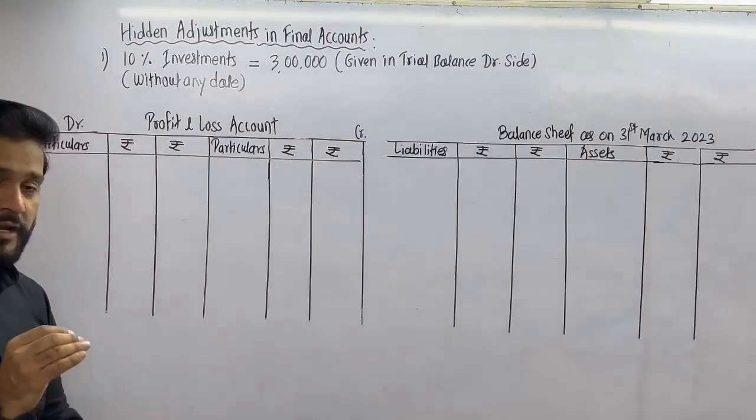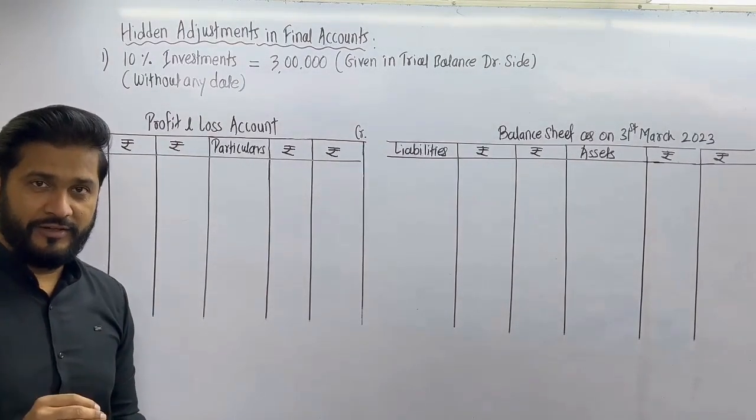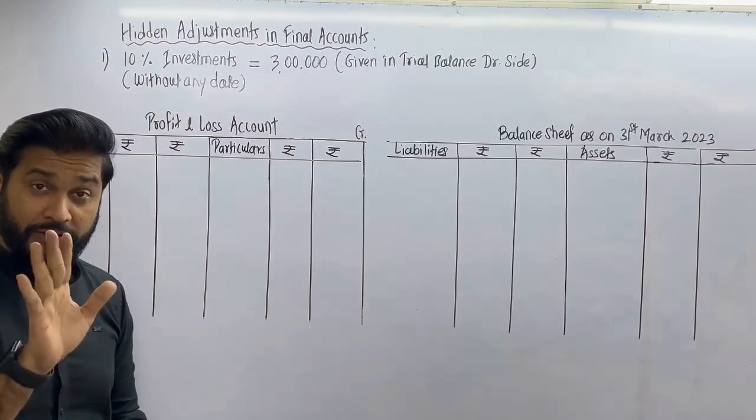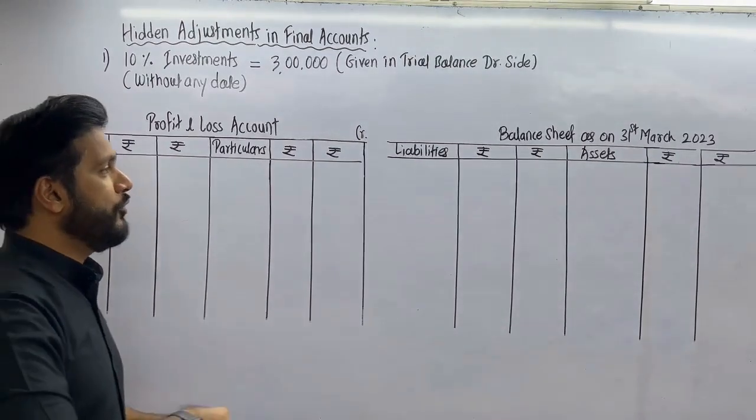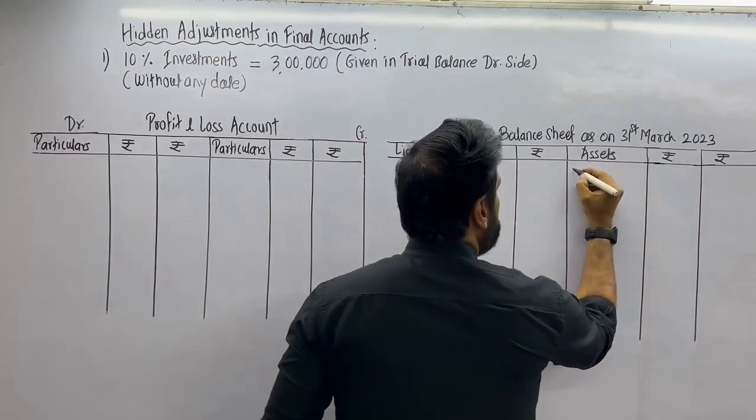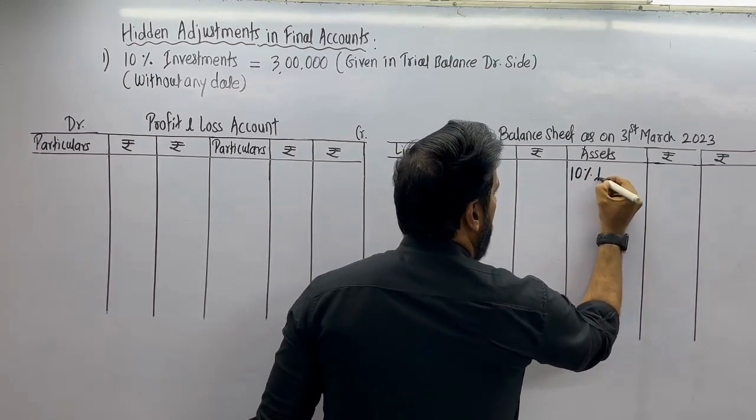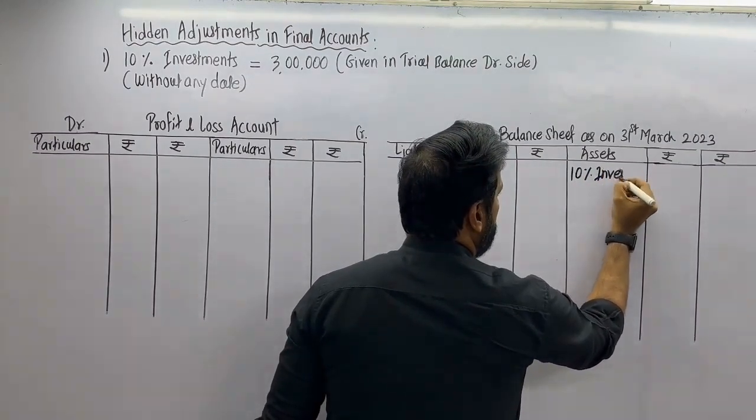When 10% investments are given in the trial balance on the debit side, all you have to do is write 10% investments on the asset side.